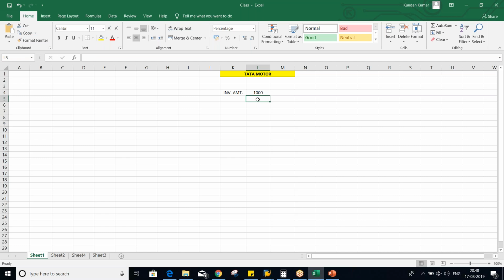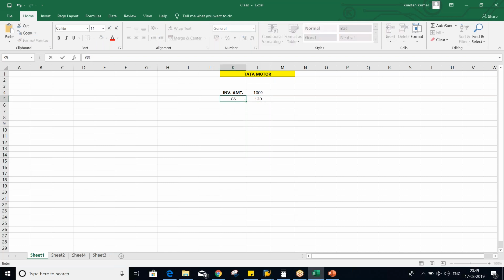So I'll do one thing. Here, this is the invoice amount, right? Now let's suppose we also have GST input, that is 12%, so it will be 120 rupees.